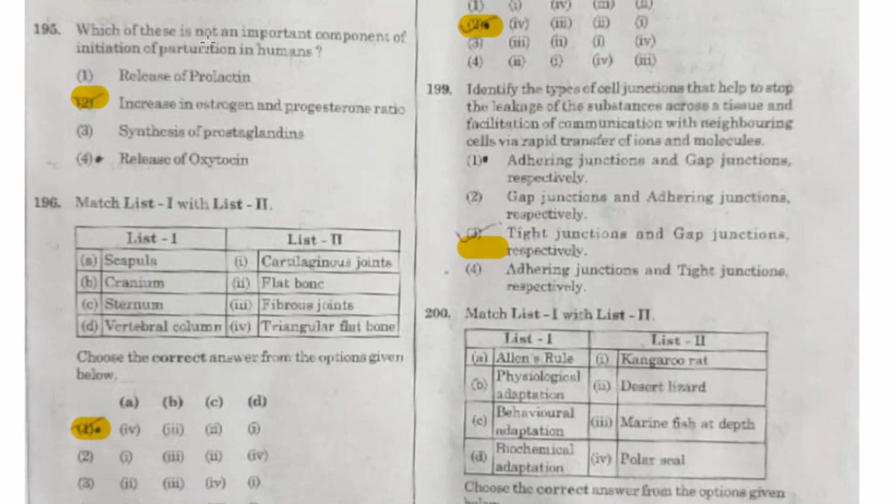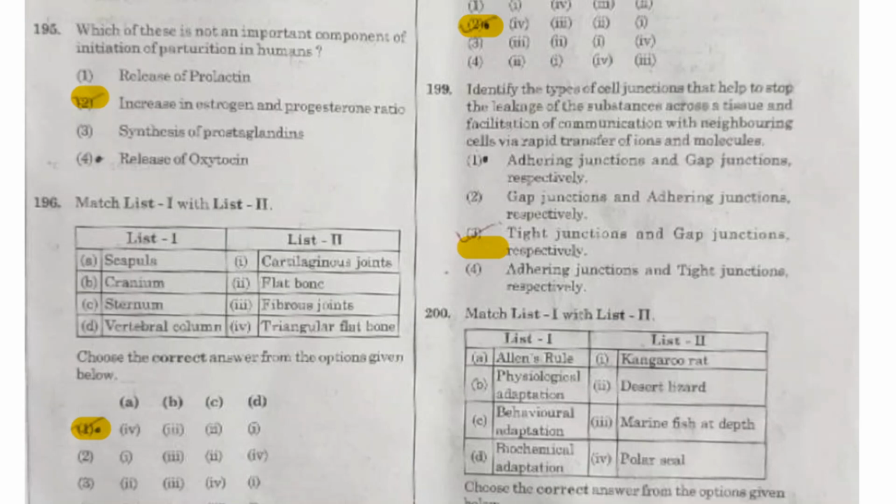Which of these is not an important component of initiation of parturition in human? This is the question. Even the NTA answer we'll have to rely on, because release of prolactin sometimes induces the labor, increase in estrogen and progesterone ratio, synthesis of prostaglandin induces the labor pain, and release of oxytocin induces the pain.